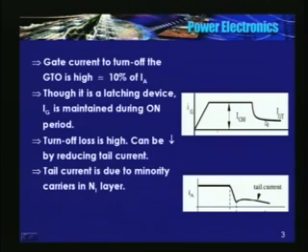Okay. Because I told you, if IA, the anode current, falls momentarily, some of the cathode islands may turn off, and subsequently if the anode current increases, the entire area is not available for conduction. So it may so happen that only a small area is available, the current is the same, so there will be hot spots and the device may fail. Okay.